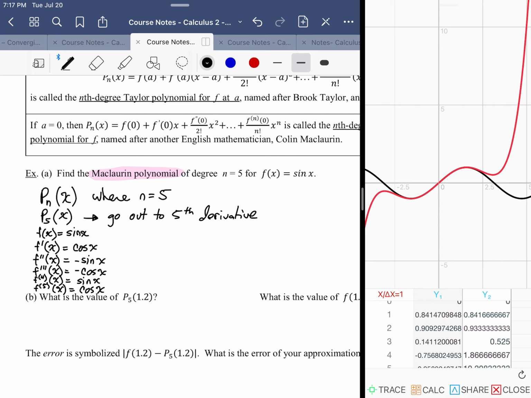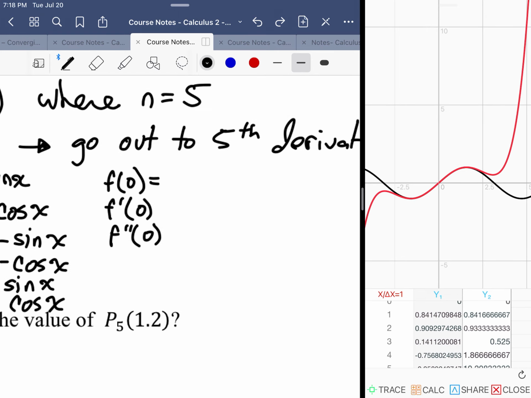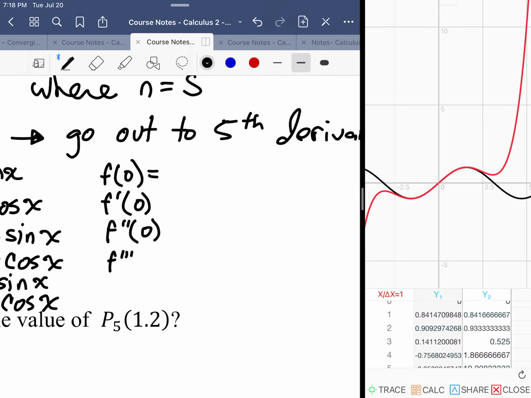Now, we're looking for a Maclaurin polynomial, so we let a equal 0. So I need f of 0, f prime of 0, double prime of 0, triple prime of 0, 4th derivative at 0, 5th derivative at 0.